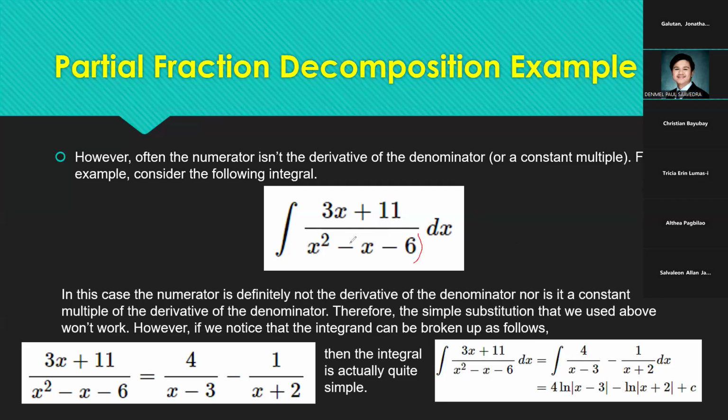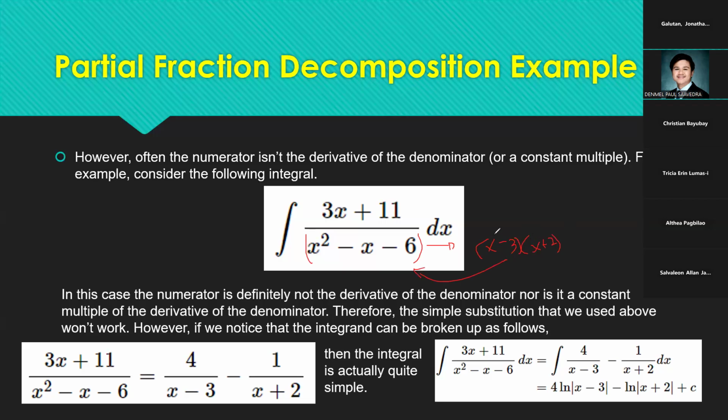So what we can do is we can transform this one or factor this one into x minus 3 and then x plus 2. Okay, so multiplying this one to each other would give us this one.